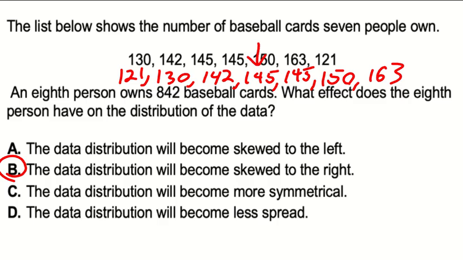That's the middle number. If I add the 842, my new median is in between those two numbers. Well, look, that's between 145 and 145, so the median didn't even change at all. Even if it ended up between the 145 and the 150, it was only changed a little bit. But that's really going to change your mean.